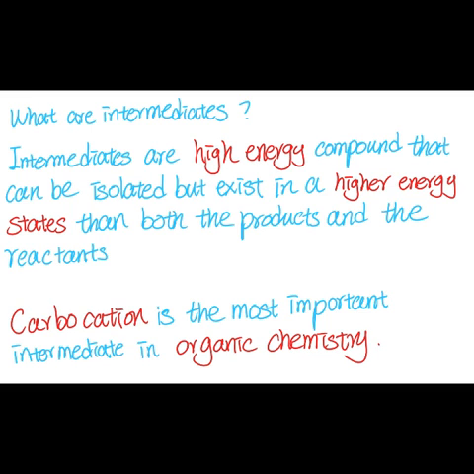When we're talking about carbocation, obviously it is an intermediate that is most important in organic chemistry, since everything in organic chemistry revolves around at least carbon, right? So carbocation is pretty crucial.